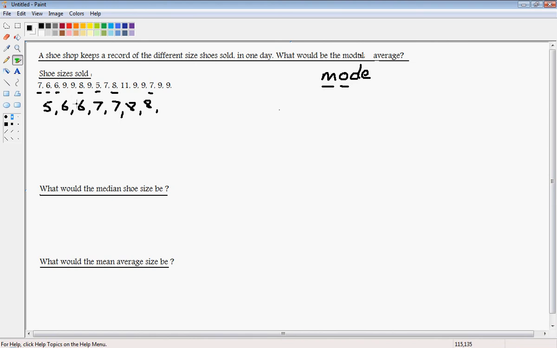So now I have 9's, so I have 2 9's here, so that's 9, 9, another 9 here, so that's 9, another 2 9's here, so that's 9, 9, and then 2 more 9's here, so that's 9 and 9, and then I have the 11.